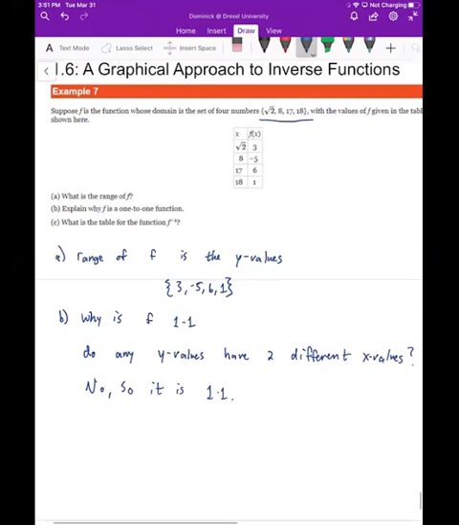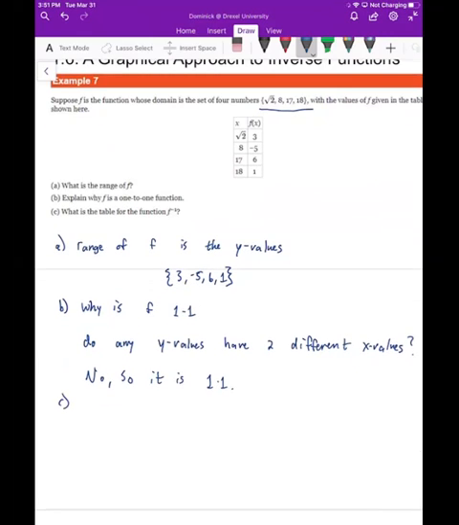And then finally, here's the easy part. What is the table for f inverse? That's just switching the columns. So now for f inverse, I need to take the left column, which was 3, -5, 6, and 1, and make that my new right-hand... my new left column.